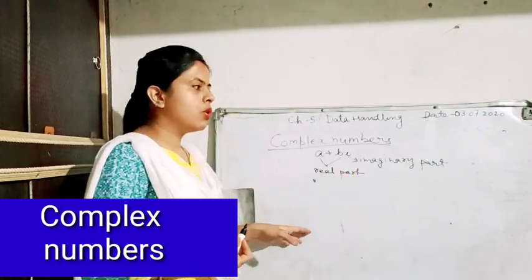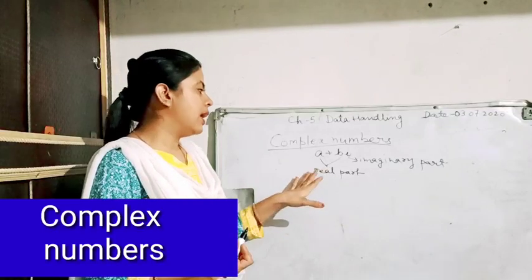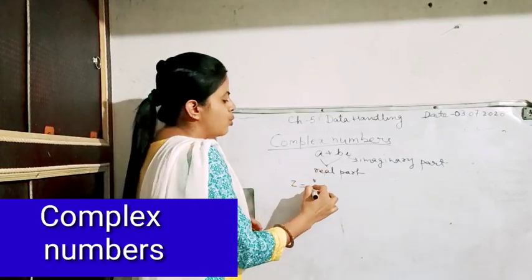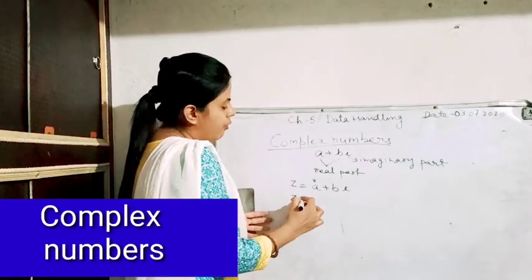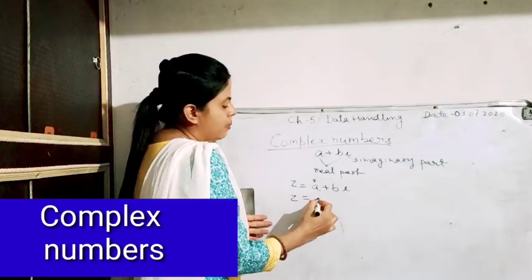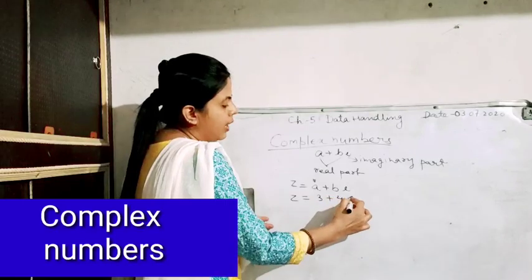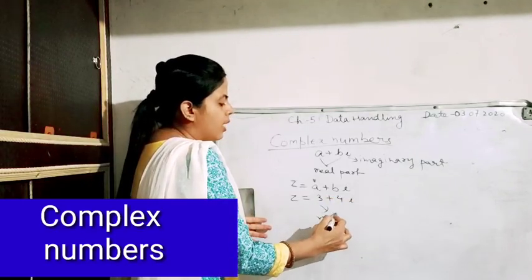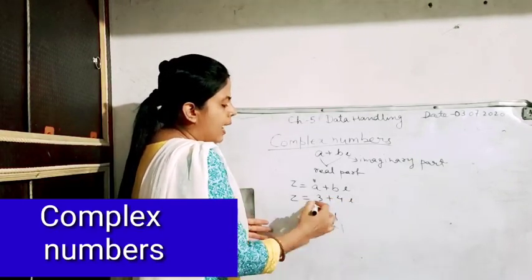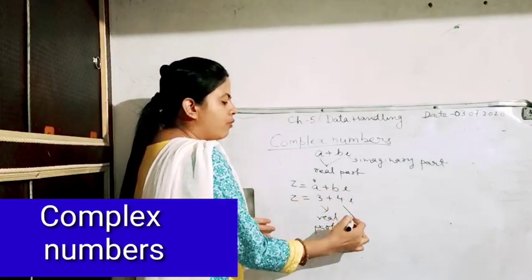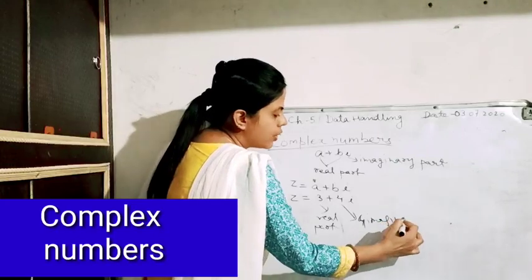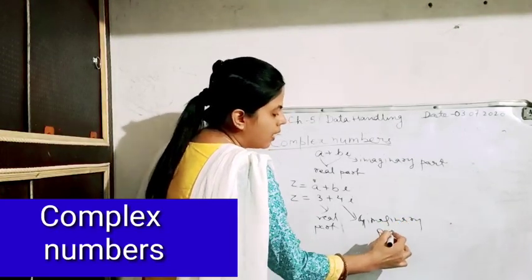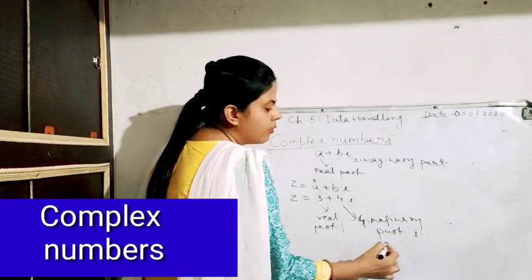Okay, so suppose if I have written here z equal to a plus bi, or any number in the form of a plus bi, like suppose 3 plus 4i, so 3 will be called the real part and 4 will be called the imaginary part, which represents the i.